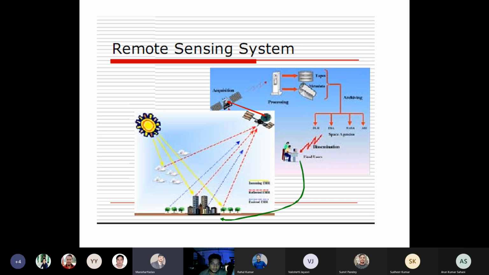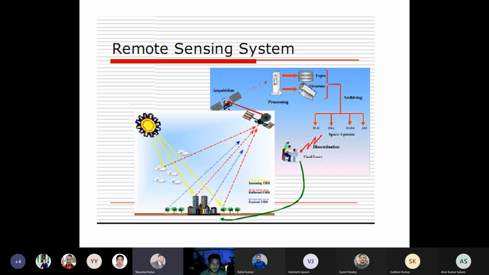We will have a discussion on this: what we mean by the radiated component and what the reflected component is. Both energy components are collected at the satellite onboard sensors, and they are processed for representing the geospatial information in terms of pixels.